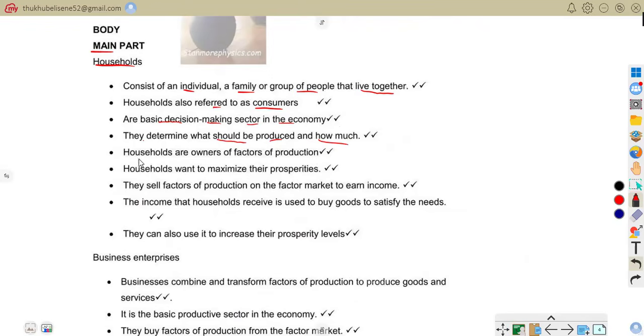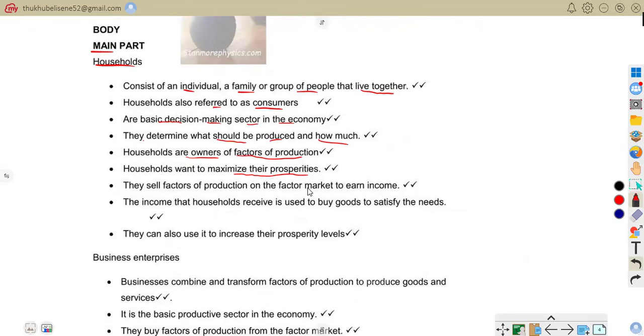Also, households are owners of the factors of production. They own land, labor, capital, as well as entrepreneurship. Households want to maximize their prosperity, meaning they try to increase their income.